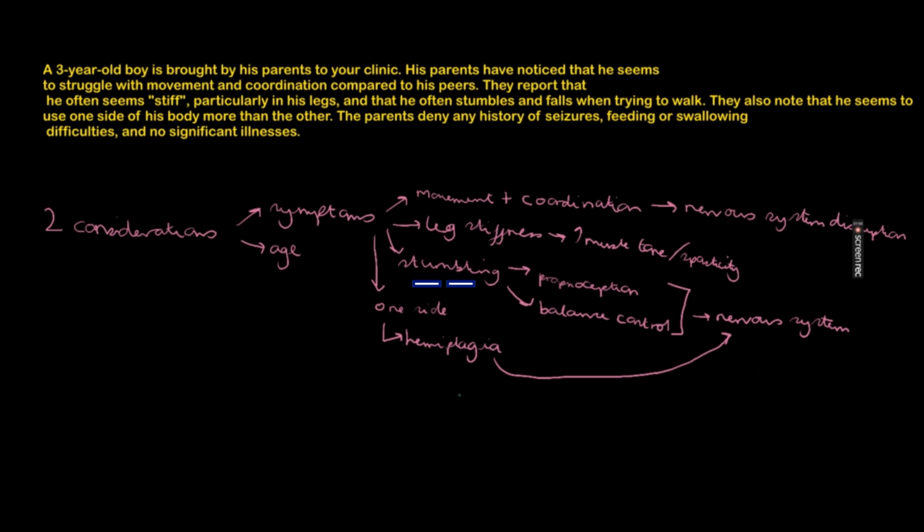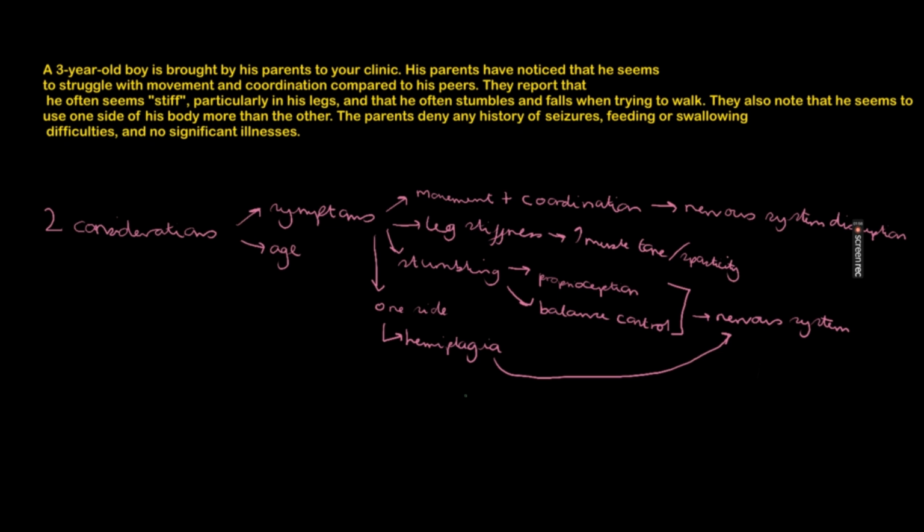So that indicates problems with proprioception and balance control, again, which are controlled by the nervous system. We are told that the child uses one side of the body more, and this is called hemiplegia. And this is a type of cerebral palsy characterized by weakness or paralysis on one side.